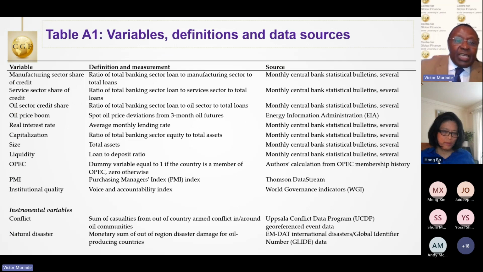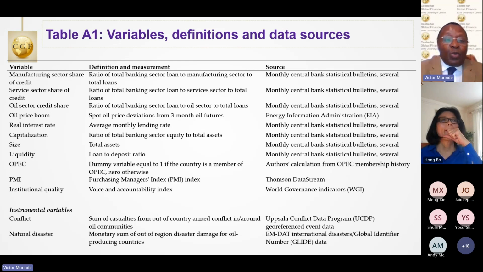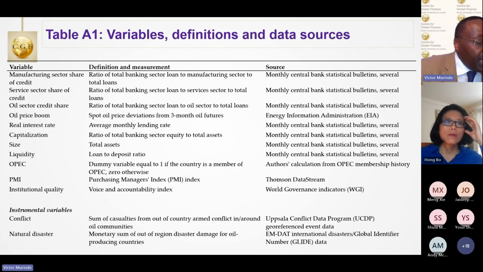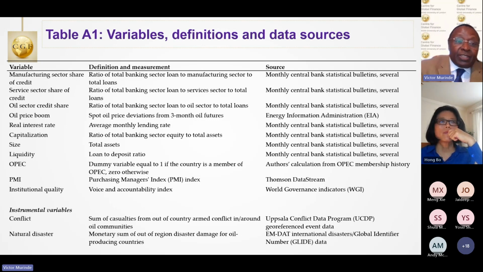Now, perhaps we should highlight these variables so that it becomes very clear once we go into the estimation results which variables are used. Say, for example, the endogenous variable, which is the bank credit share.